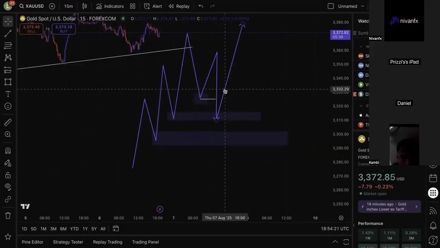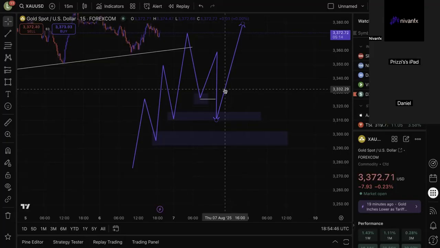Now, those order blocks are where high level individuals and companies tend to buy or sell the market depending on the trend of the market. So you have a bearish order block and a bullish order block. Now we are looking at the case of a bullish order block.